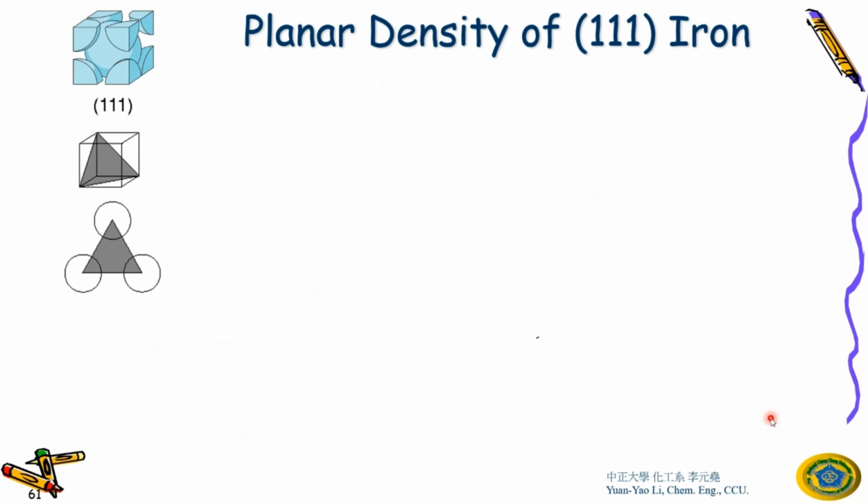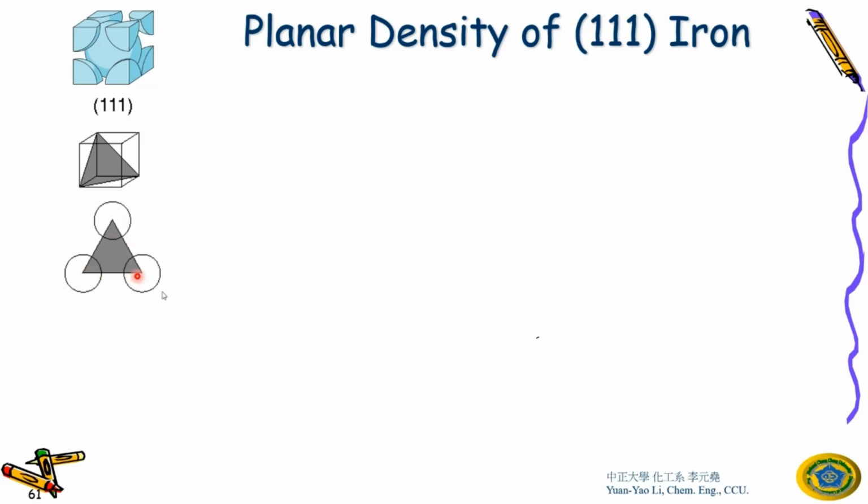Next, (111) iron. This is (111) iron, right? This phase, and then this is the one. And if you still remember the center of this, the center atom doesn't touch this plane, so we don't count the atom in the center in this two-dimensional repeat unit.